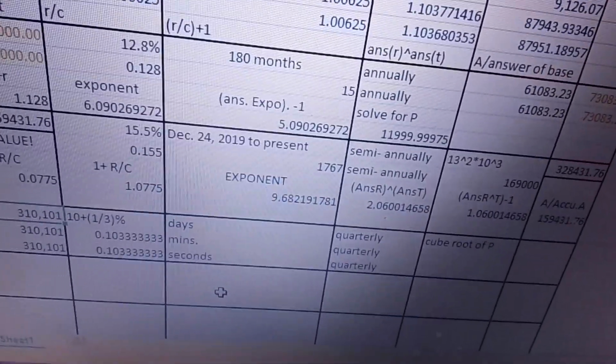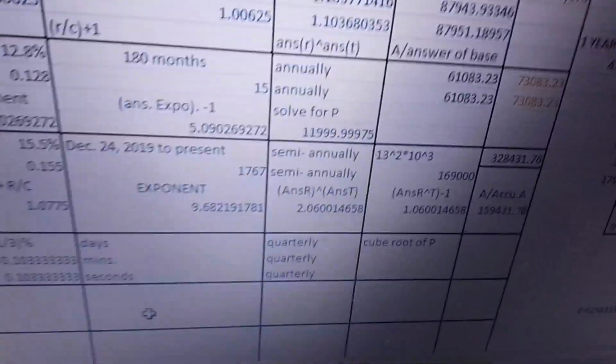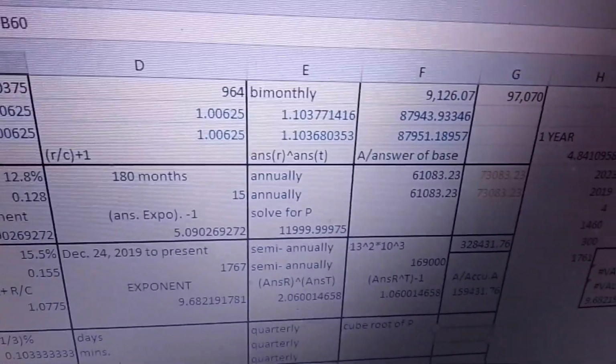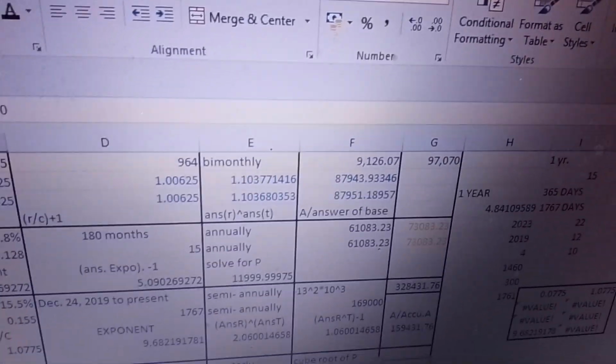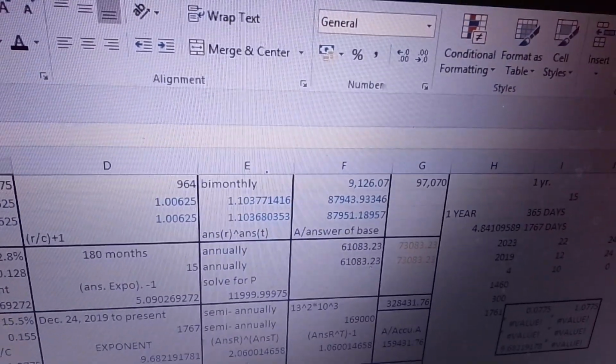Remember, 10 plus 1/3, that is 0.1033333333 and a bunch of threes that move about endlessly. Pero we have to divide it by 100 dahil i-convert na namin sa decimal.